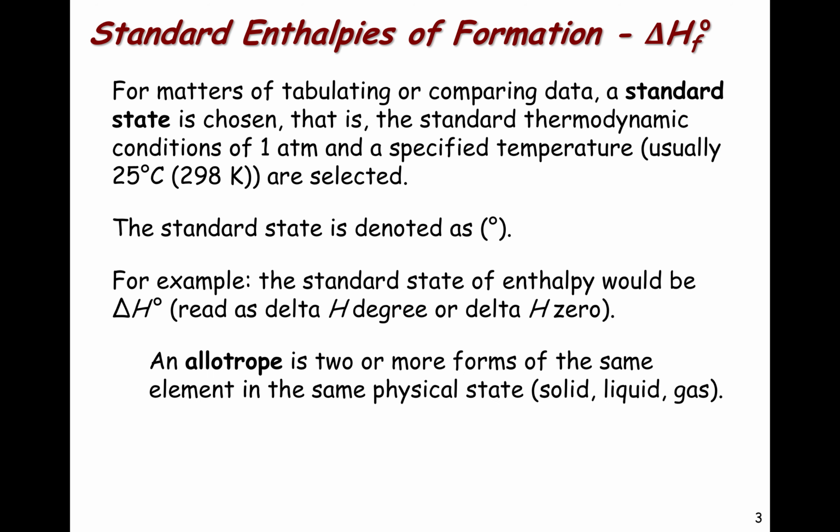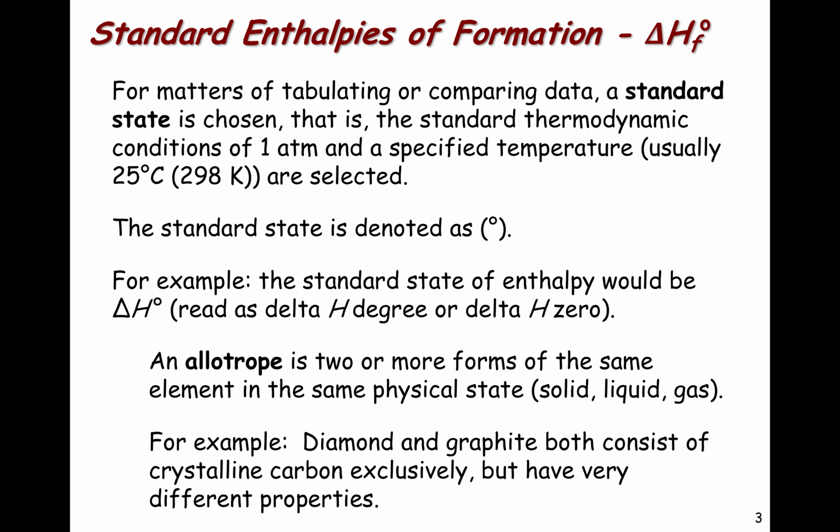So, it turns out that there are some things that are known as allotropes. Allotropes are substances of the same element that can exist in different forms, and diamond and graphite are a really good example of this.